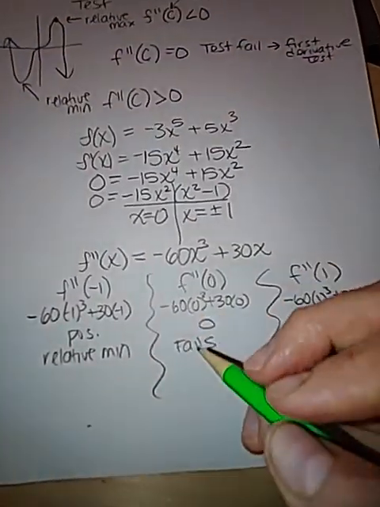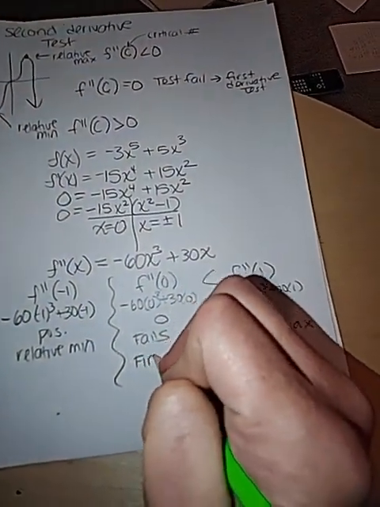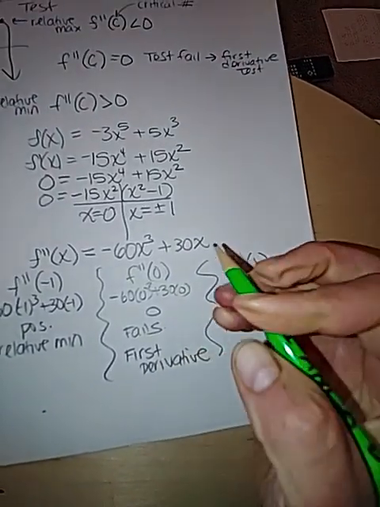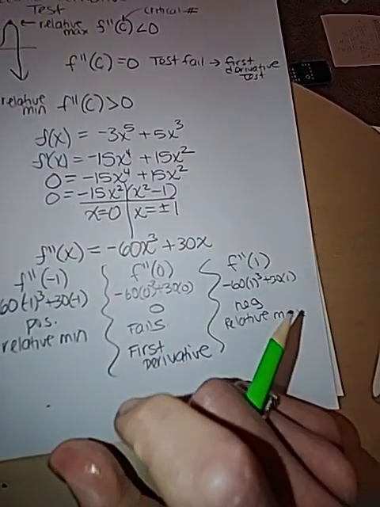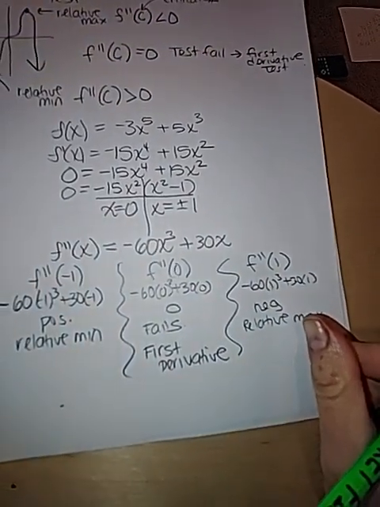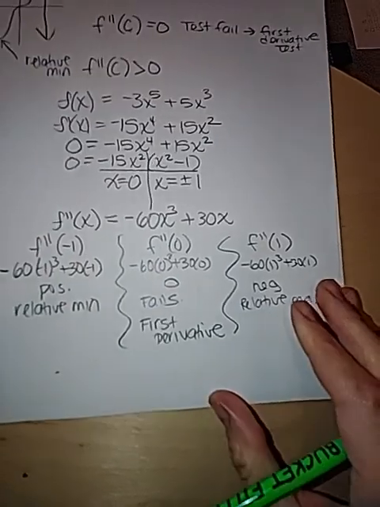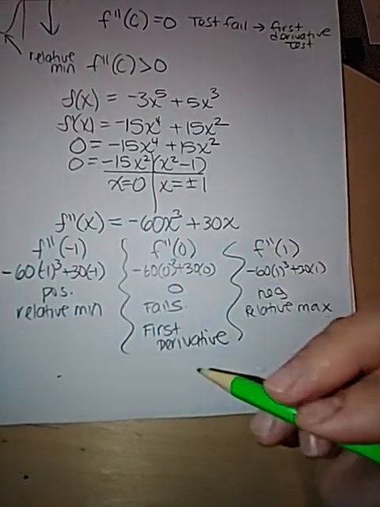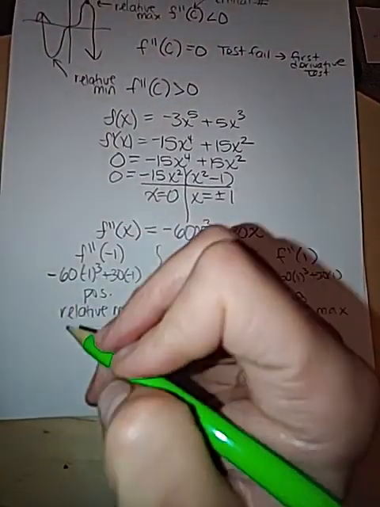So this one, you'd have to go ahead and use the first derivative test. So put it on the number line and separate the number line on 2 intervals, negative infinity to 0 and then 0 to positive infinity. And you're going to find that it won't change from increasing to decreasing or decreasing to increasing. So 0 is not a relative minimum or maximum.